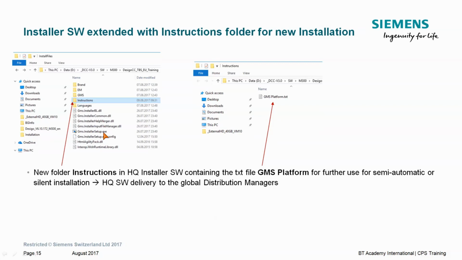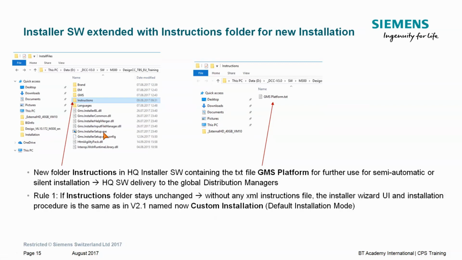So rule number one, if this new instructions folder stays unchanged, so it has no instruction files in XML format included, then the installer wizard is exactly the same as we know it in version 2.1.